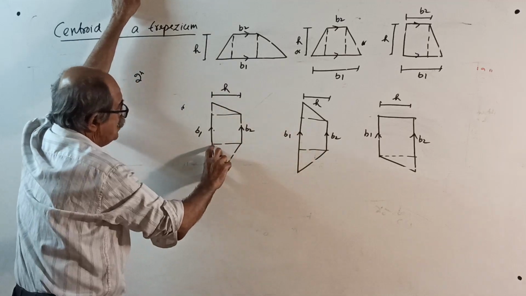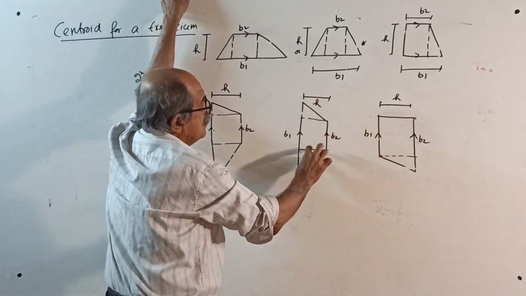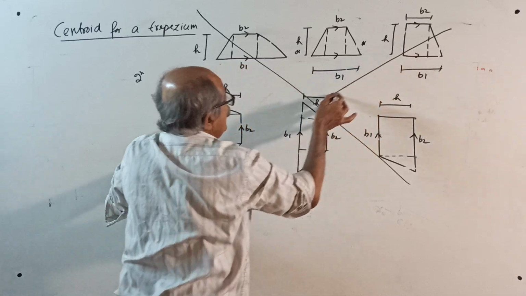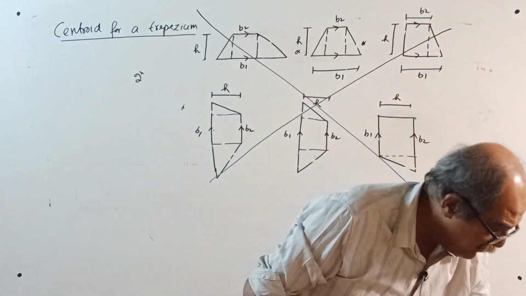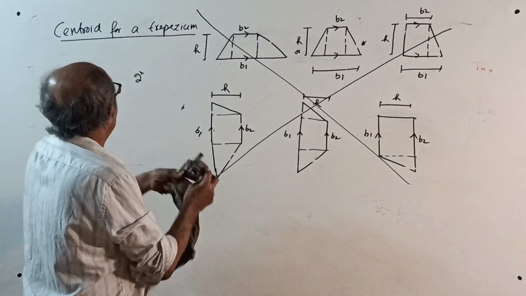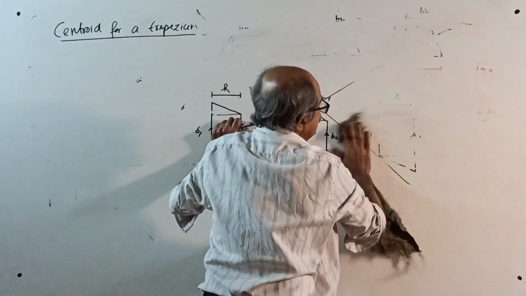These two are not equal, but then the base is B1. These two are equal. It does not matter what way the trapezium is. Now, after all this, you write a note there.